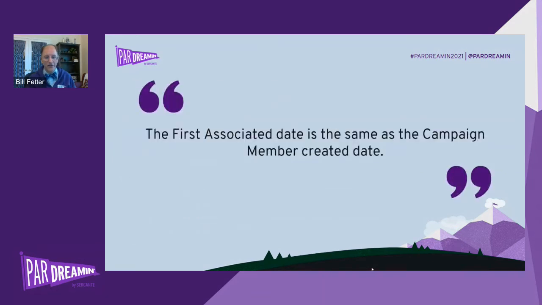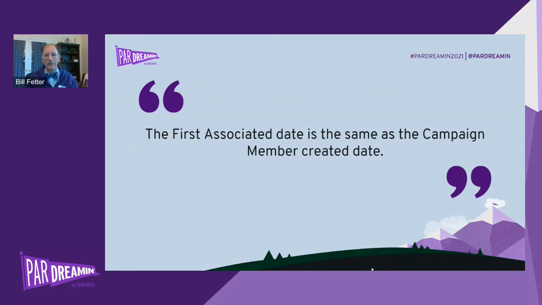So that gets us to this little trick, which is that the first associated date is the same as the campaign member created date. The first associated date is the date that campaign influence is looking for. So we have to think about when the person got put in the campaign to begin with, and whether or not that presence in that campaign means that they're available to be influenced.